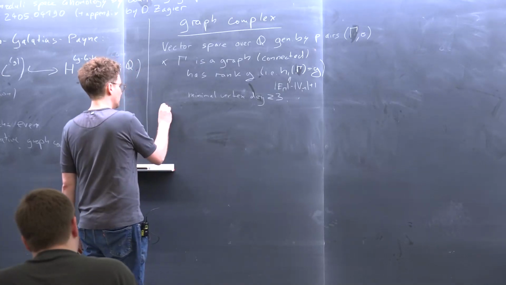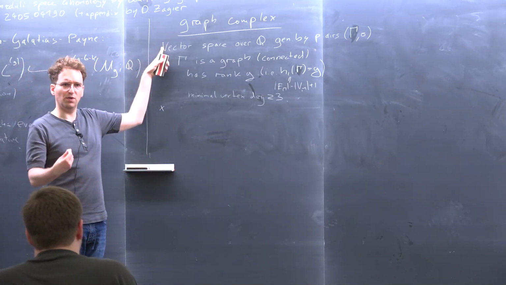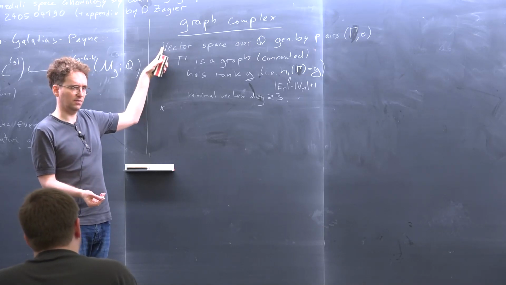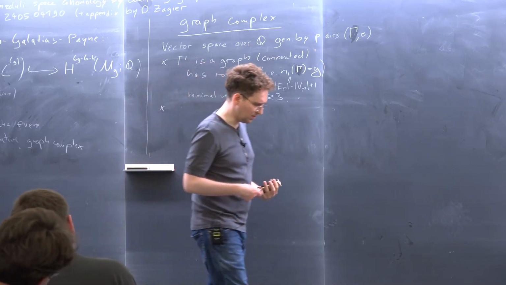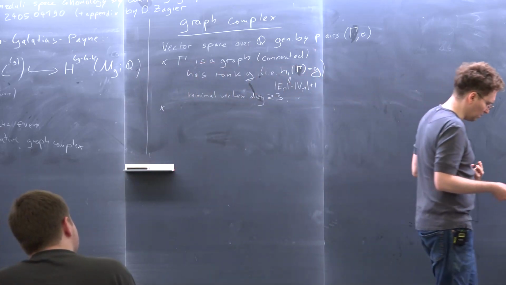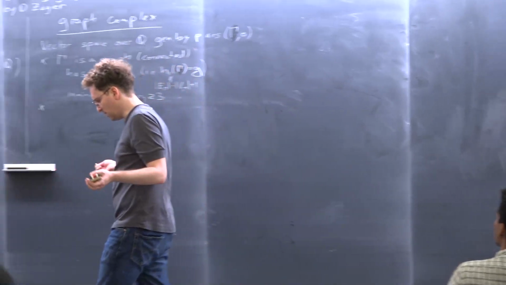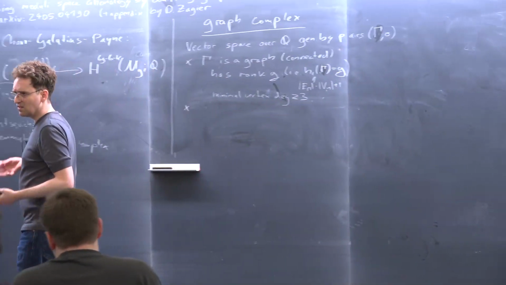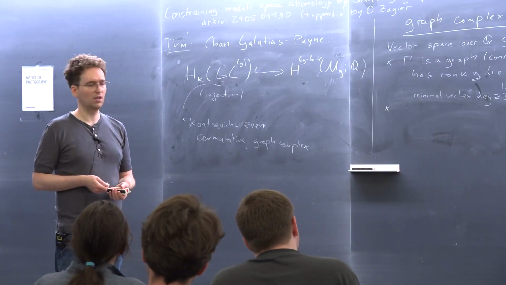And now what is sigma? Sigma provides a way to define an orientation on a graph. So it's very intuitive to think about an orientation on a surface or on a manifold, but on a graph there's no natural way to define an orientation.